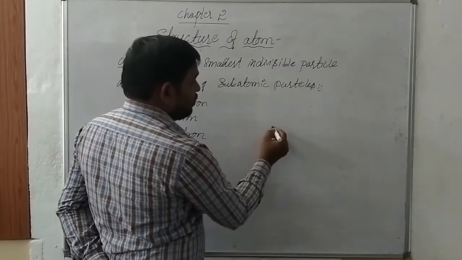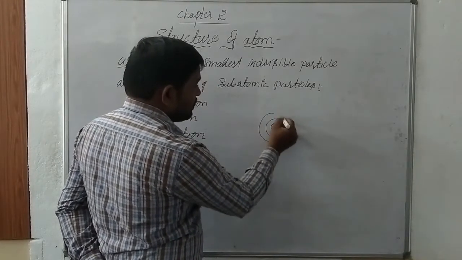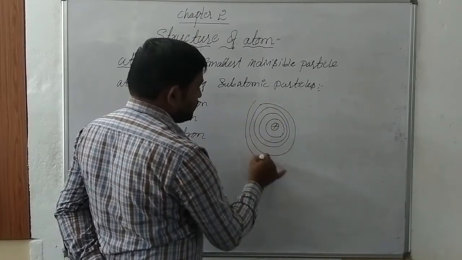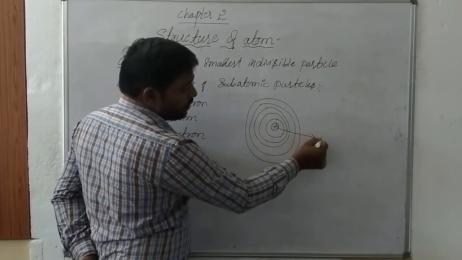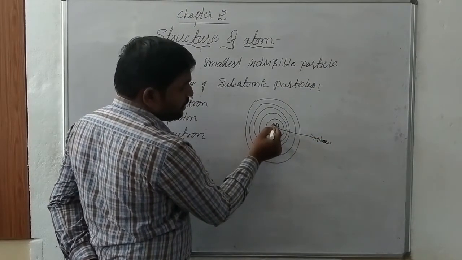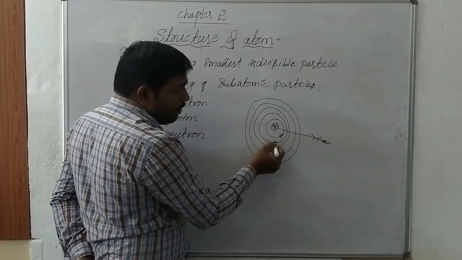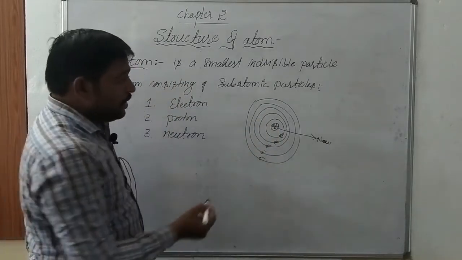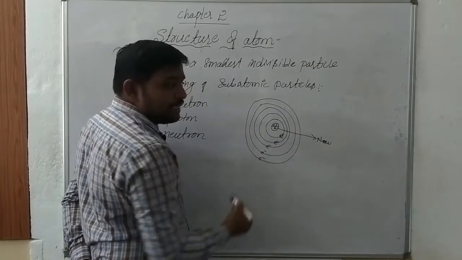The atom looks like this: this is a nucleus, and these are orbits. The nucleus consists of a number of protons and neutrons, and the electrons are revolving around the nucleus in their respective orbits.